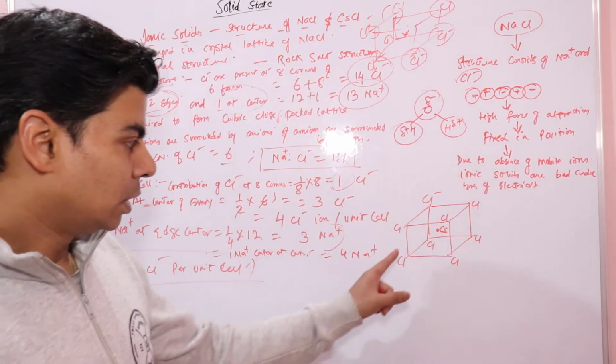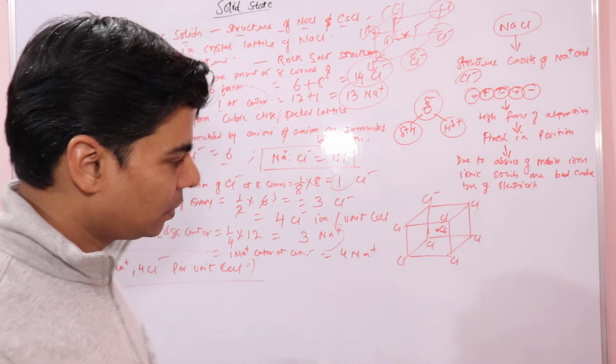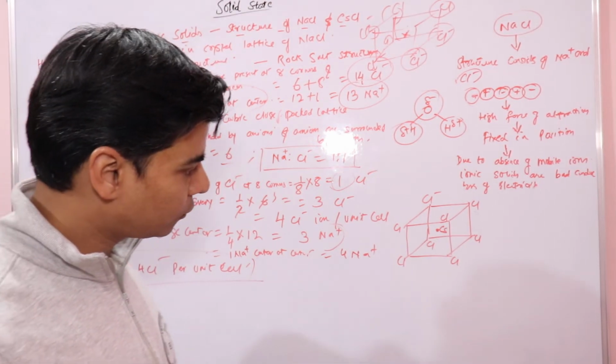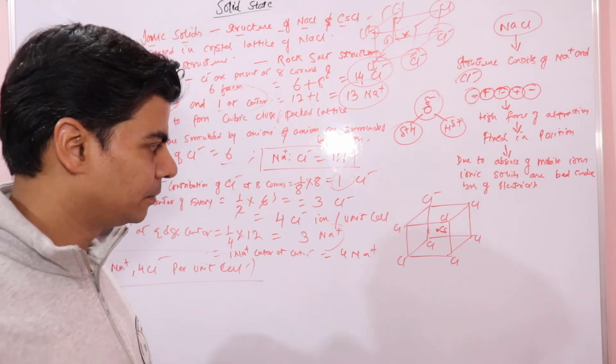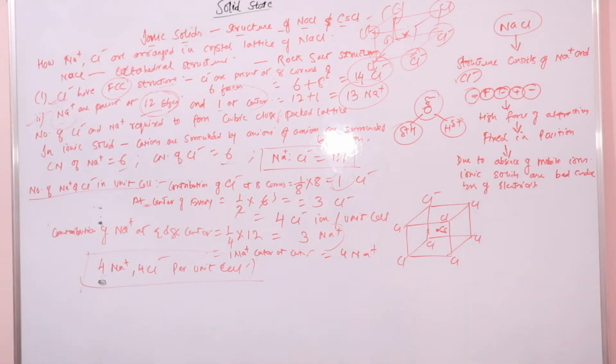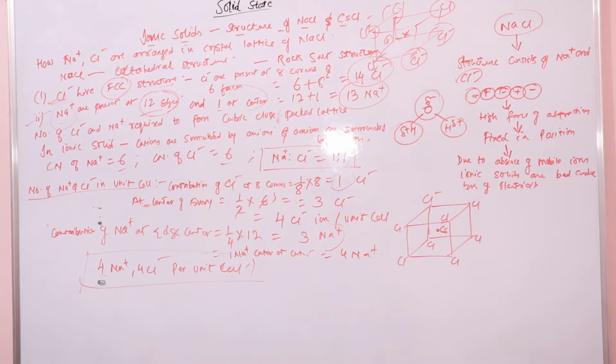Now just make sure you understand one thing: the structure of cesium chloride is a simple cubic unit cell. This is not a body centered unit cell. It is a simple cubic unit cell, and not a body centered cubic.